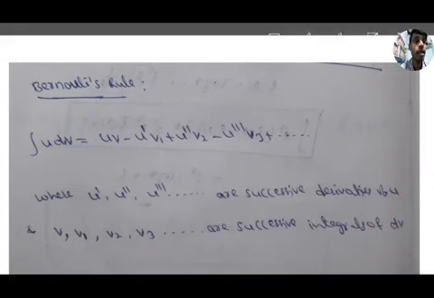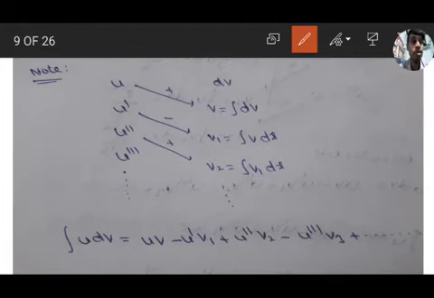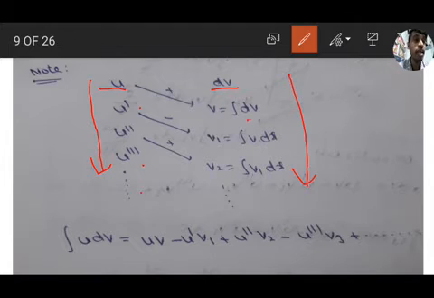And this formula can be remembered in a simple way. If u is the first function and dv is the second function, take u and its derivatives: first derivative u', second derivative u'', third derivative u''', and so on. For dv, take successive integrals: v, v1, v2, v3.